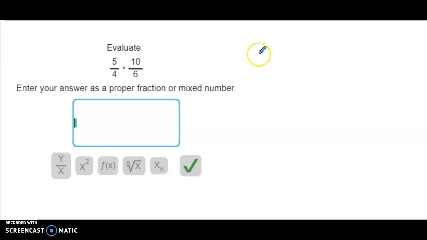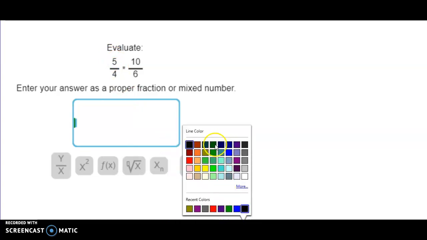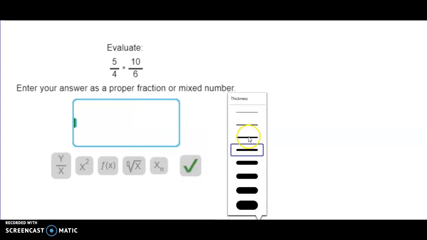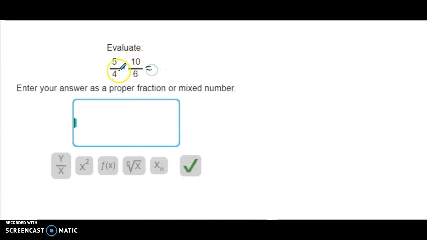So, multiplying fractions, you can simplify first. These are both even. Oh, pen not working. You can simplify before you multiply, and that way you don't have to simplify at the end.